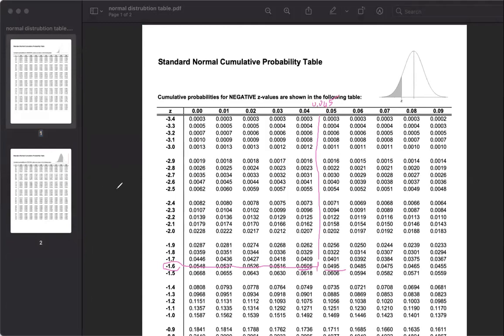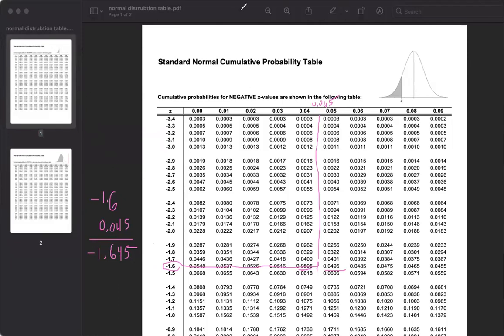So bring those two values over: 1.6 from the left-hand column, and then 0.045. Now we don't add them, you just combine them. Bring down the -1, the decimal, the 6, the 4, the 5. That is the Z-score value associated with the probability value of 0.05.